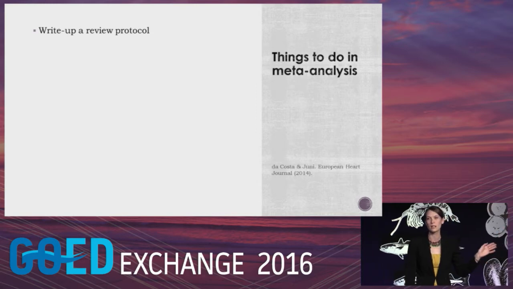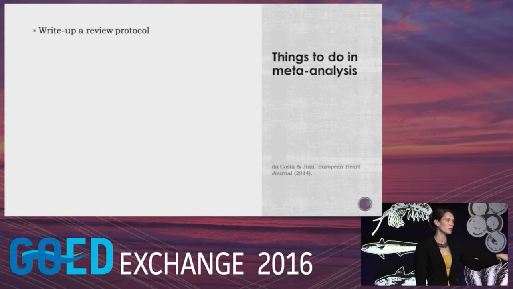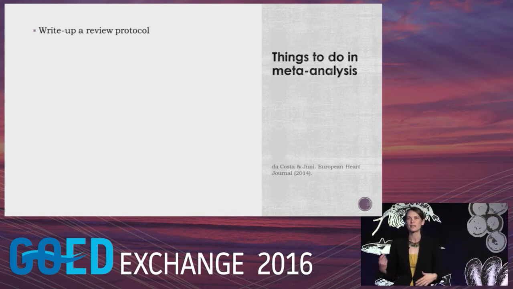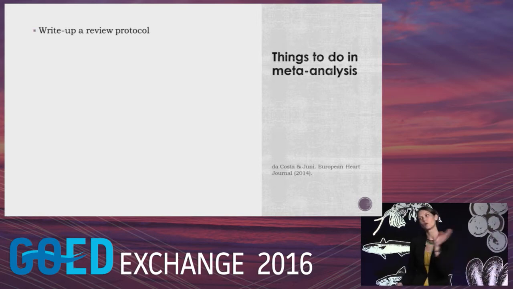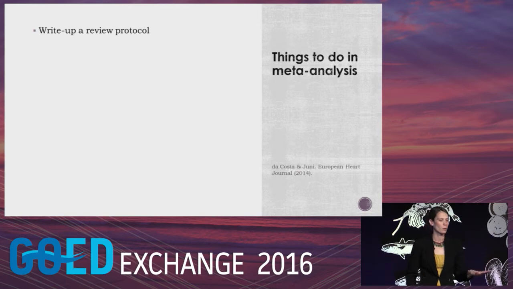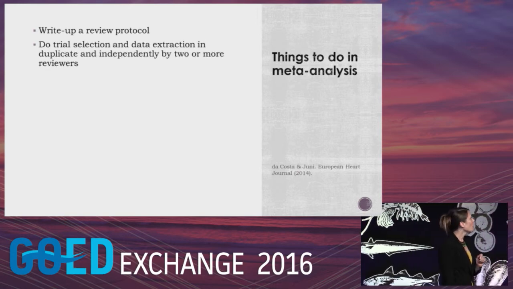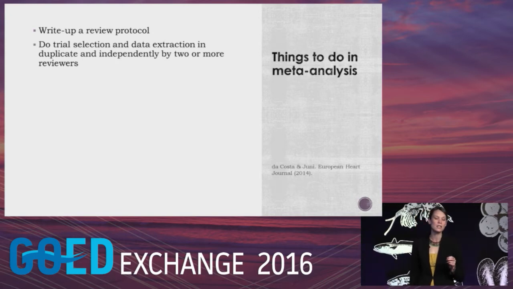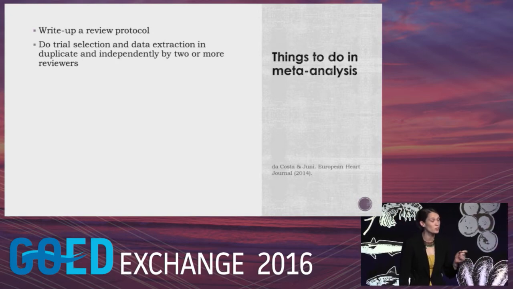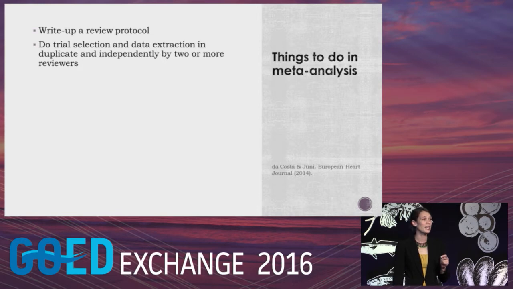If there's any changes to that protocol, they should be documented and the reasons should be documented, all right? So that prevents us from just kind of willy-nilly saying we're going to include this paper and we're not going to include that paper. We've got a protocol, we're following it. And Rizos did that.